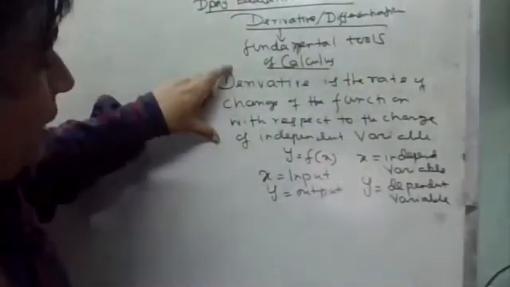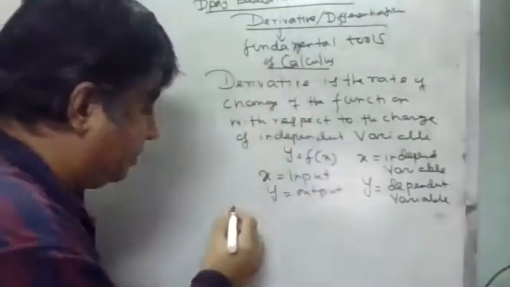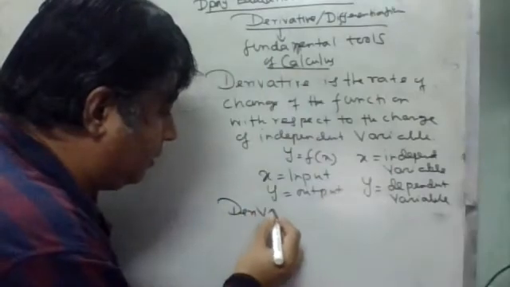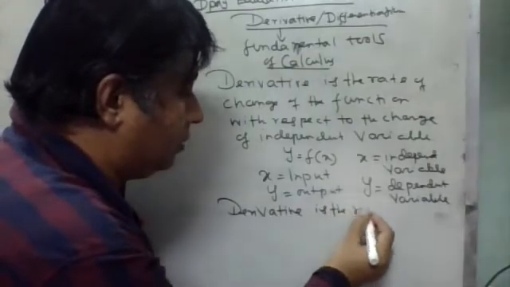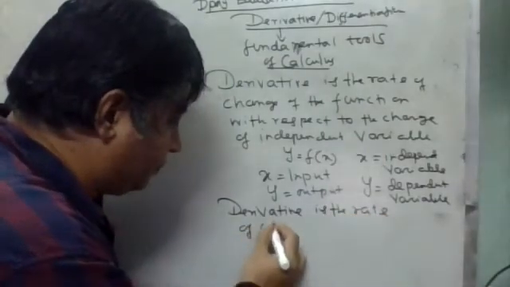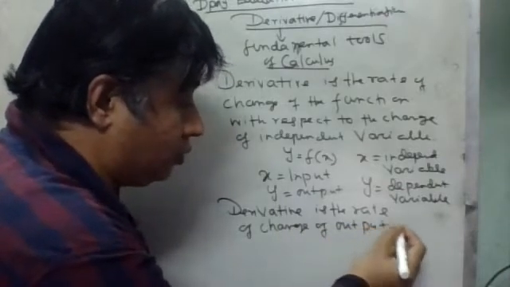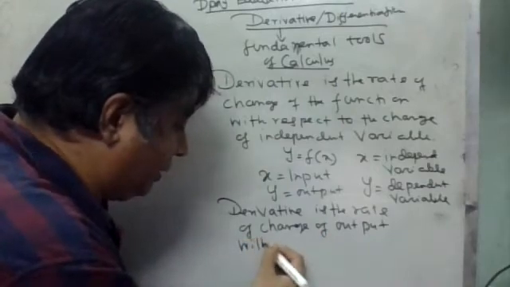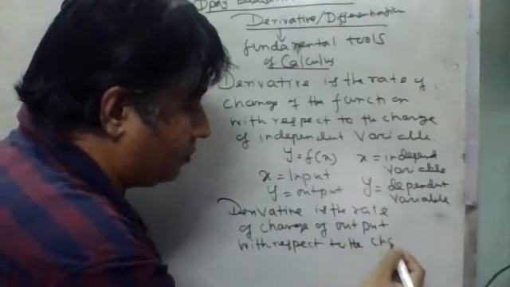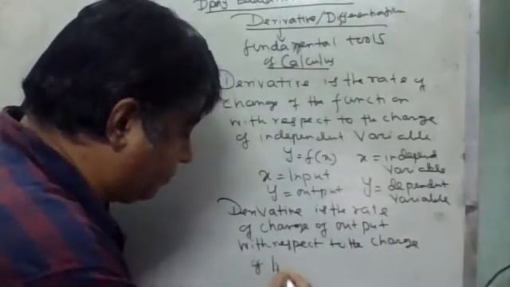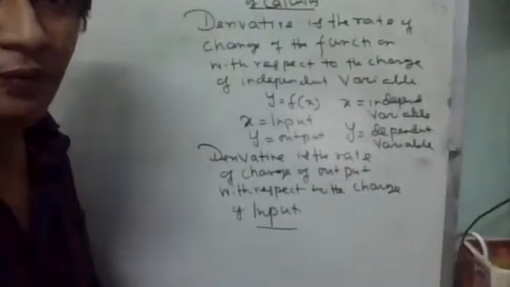So this definition can be modified in this way, that derivative is the rate of change of output with respect to the change of input.